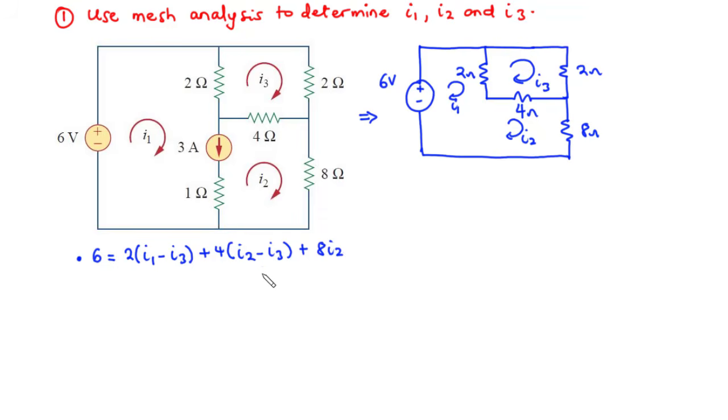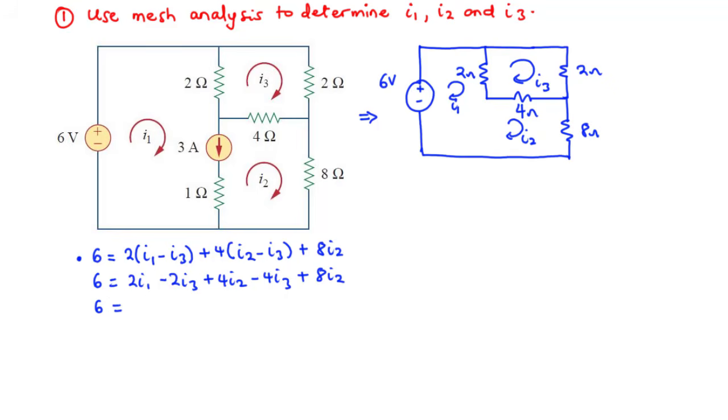Now let's expand and then simplify this equation. So we have 6 equals 2I1 minus 2I3 plus 4I2 minus 4I3 plus 8I2.